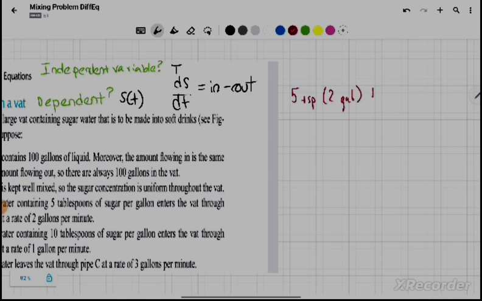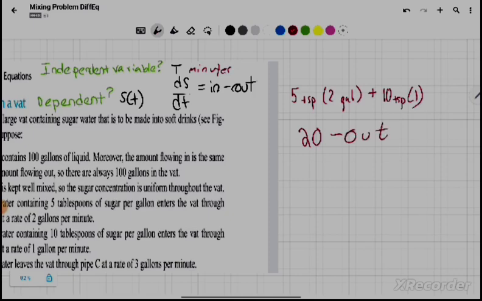Plus, at pipe B, we have 10 tablespoons per gallon at a rate of 1 gallon per minute. So per minute, t, our independent variable, we should specify, is going to be in minutes, we have 20 coming in minus what's coming out.